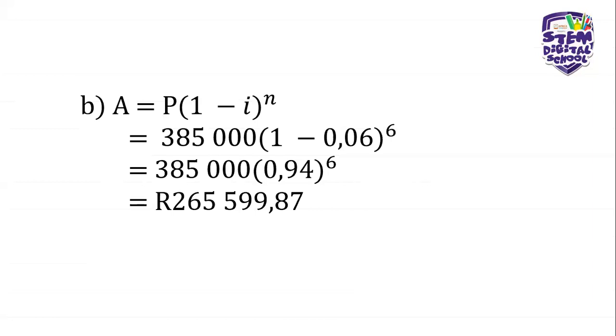So this depends on the interest rate. If the interest rate is the same, then the good option will be the second one, which is the reducing balance depreciation. And this is what we mean when we talk about the value of the car.